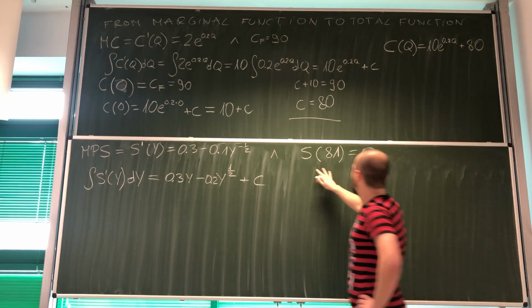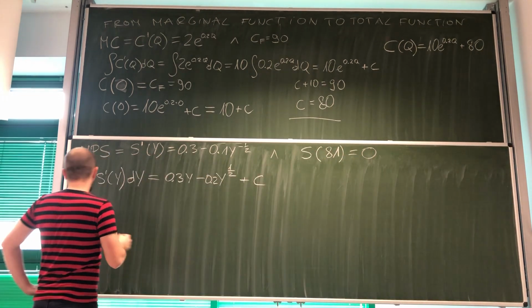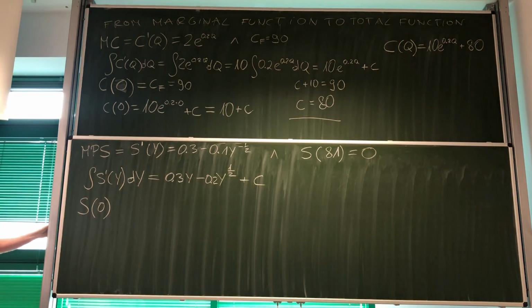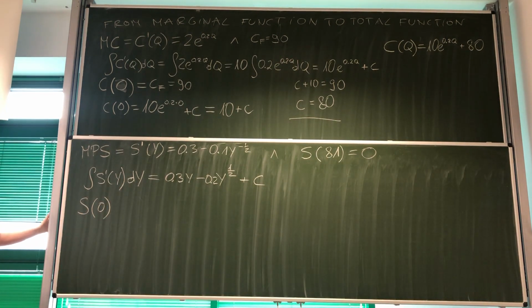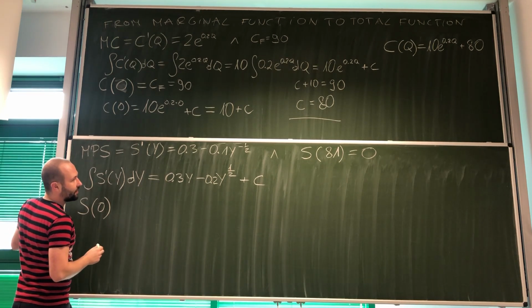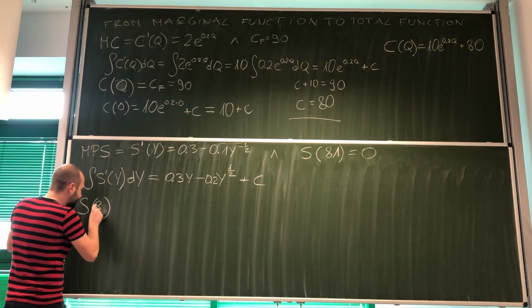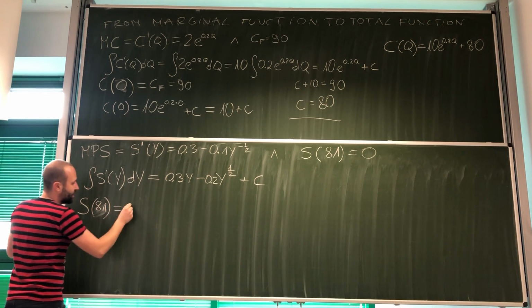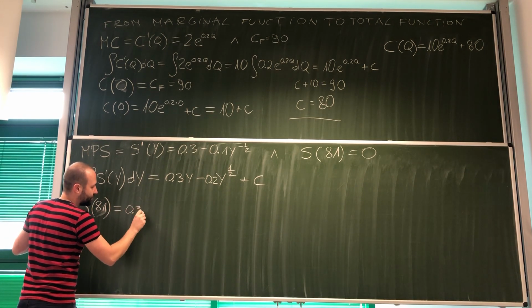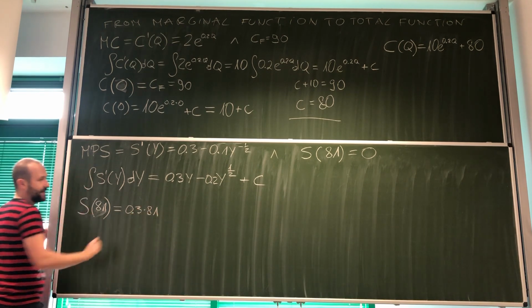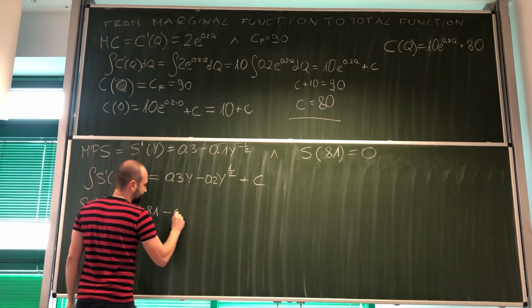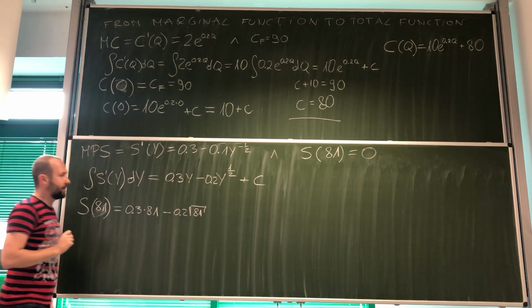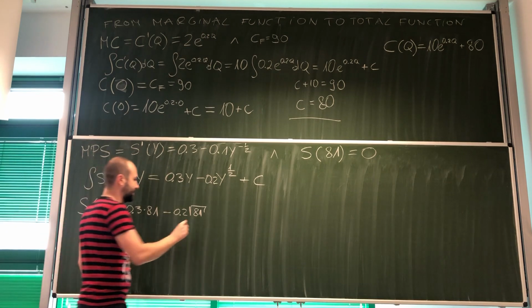Because this is already calculated, we can simply substitute 0 for savings and 81 for income, and what will we get? Here we will have 0.3 times 81 minus 0.2 times square root of 81 plus c.